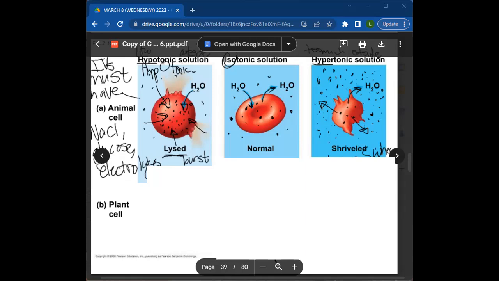And so when the water moves out of the cell, then the cell will shrivel. Okay, so you definitely need to know about hypotonic, hypertonic, isotonic, and what direction the water is flowing.